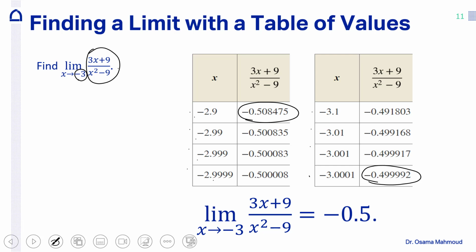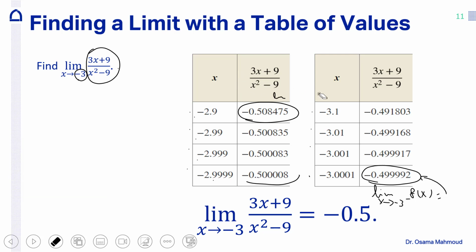Okay, so the limit when x tends to minus 3 from the left, this is the value, and this value is the limit for x tends to minus 3 from the right. Okay, so this is how it works.